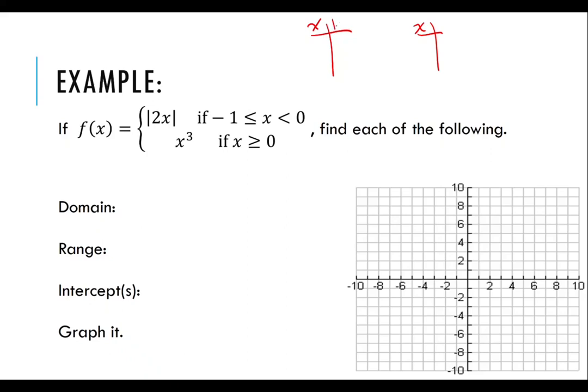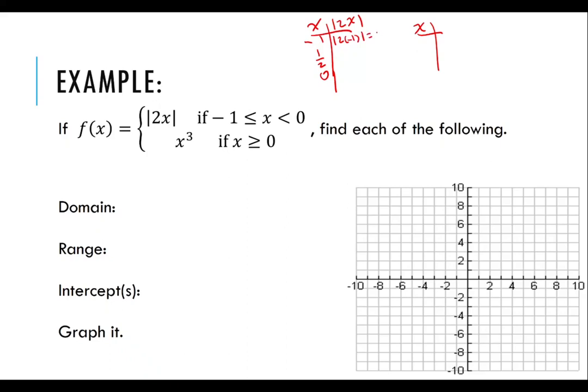And so for that one, we're going to evaluate the function values for the absolute value of 2x. The values that we must plug in are negative 1 and 0. For the sake of it, I'm going to go ahead and pick another value in between, because really negative 1/2 works very nicely in this function. So negative 1 plugged in here, that's 2 times negative 1 in absolute value.